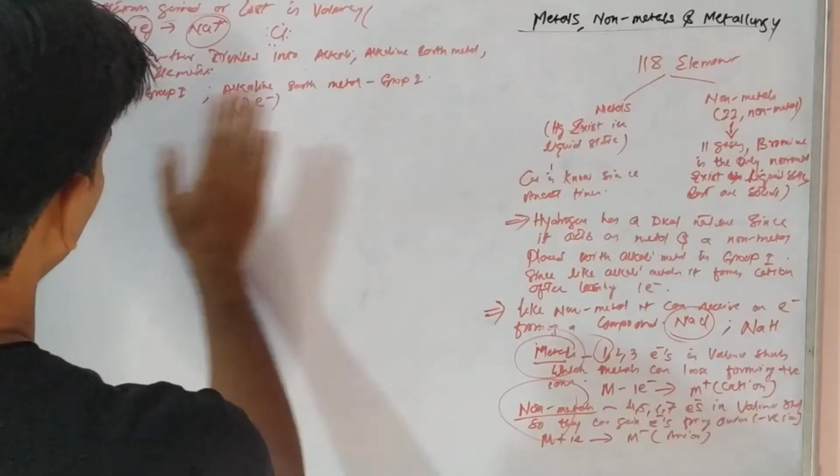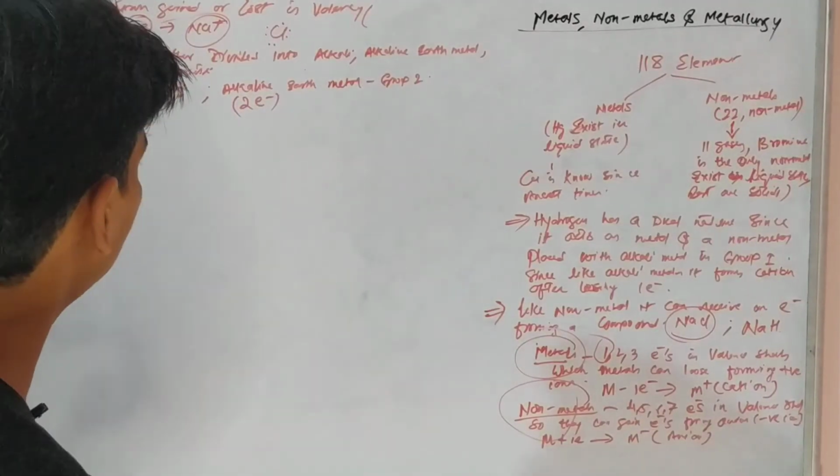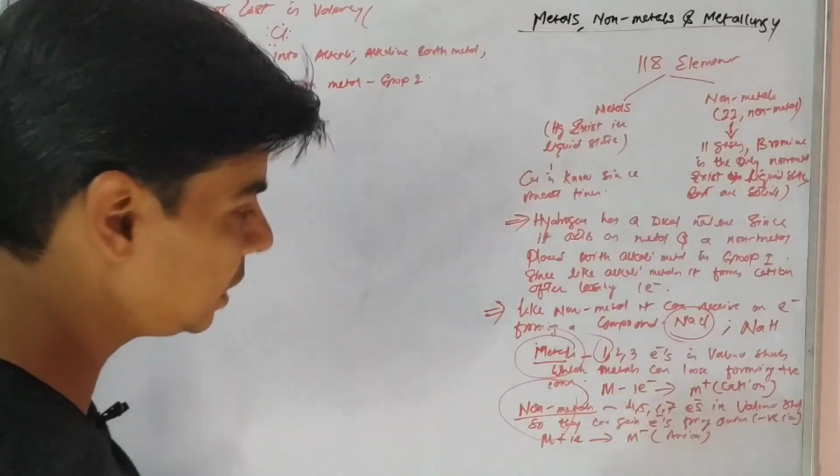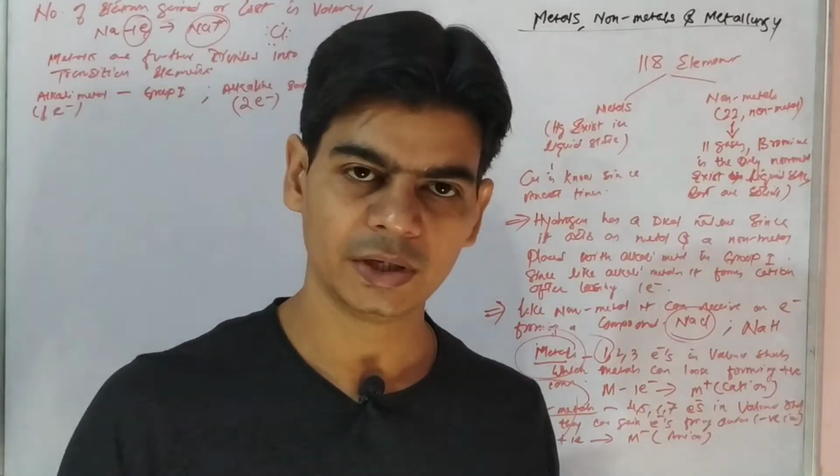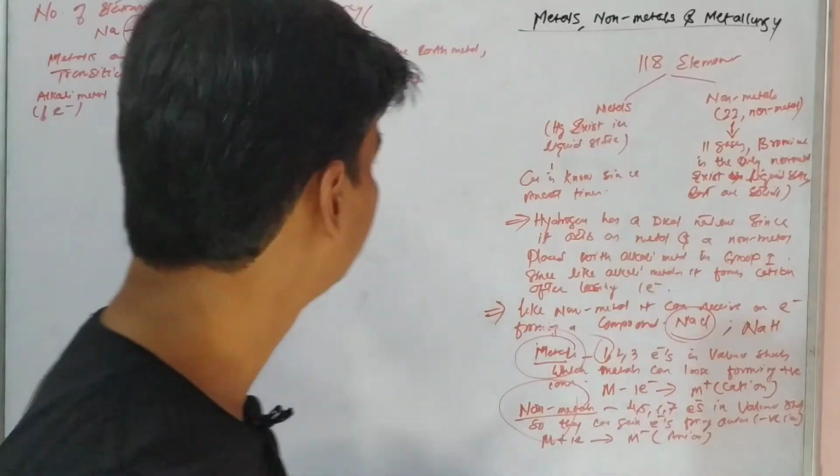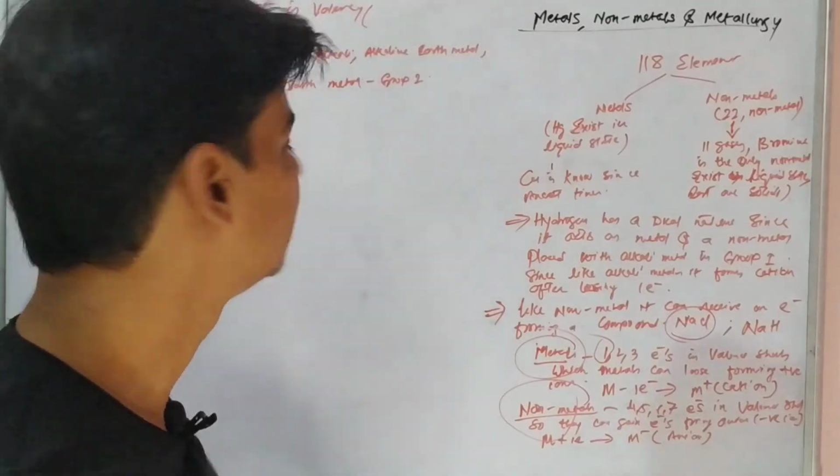One more thing which is important: we will see the reactions of these alkali metals and alkaline earth metals. First, we need to see why we call them alkali metals and why we call these alkaline earth metals.